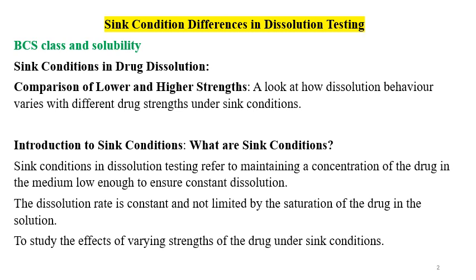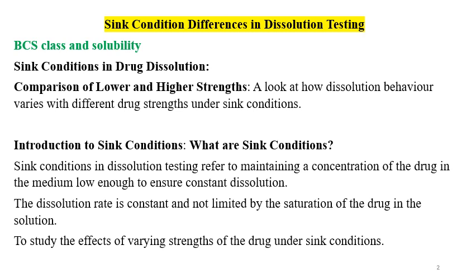To study the effect of varying strengths of the drug under sink conditions, we should understand how the sink condition varies with different strengths. As I have taken an example of a formulation with 3 different strengths, 500 mg, 250 mg and 125 mg, your dissolution medium should be such that it can dissolve at least 1500 mg of the API.